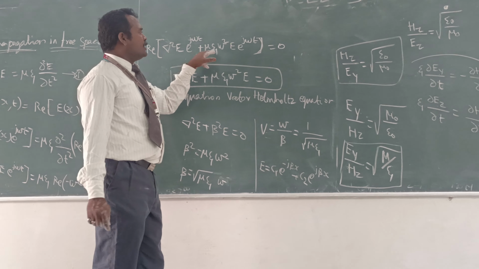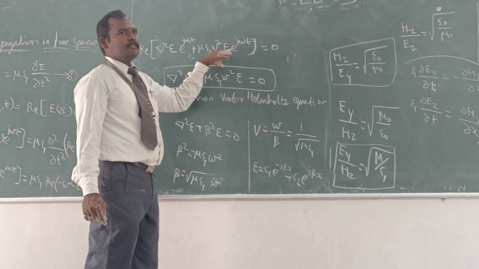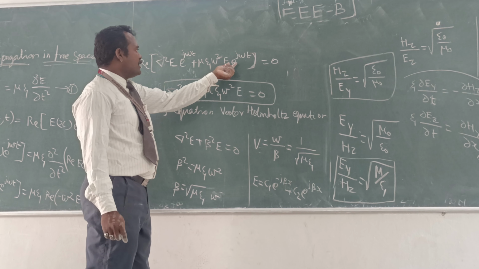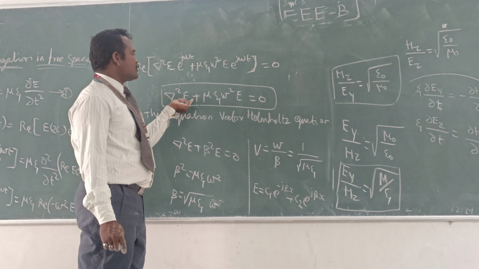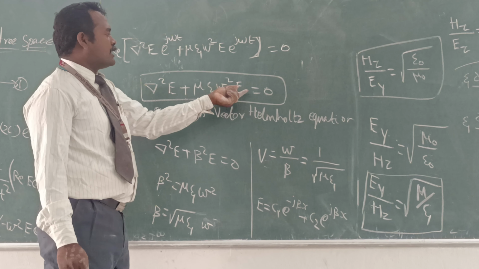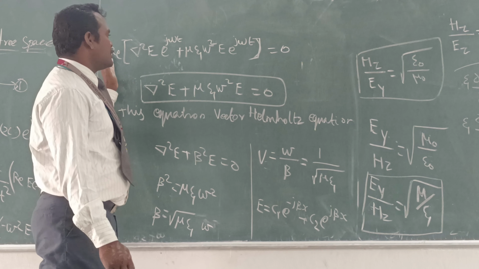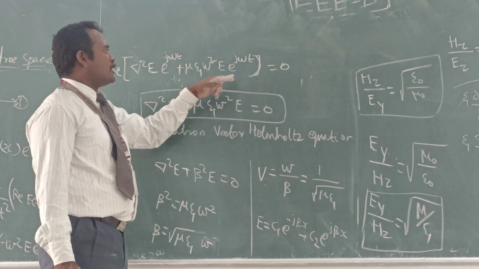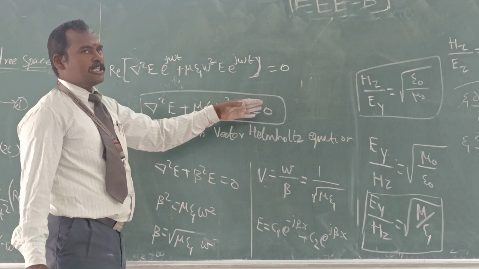So mu into epsilon into omega square E e power j omega t equals 0. Here e power j omega t is common, so you can take it out, and shifting to the RHS, 0 multiplied with this entire term gives 0.